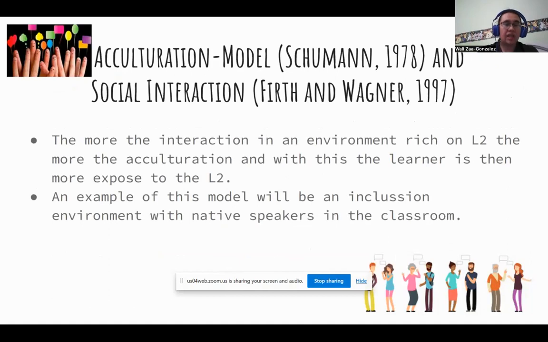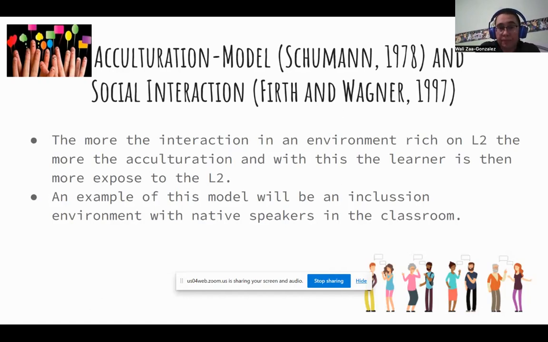Schumann said that the social distance between the student and the community of the language being learned is what influences acculturation, or I would say the assimilation of the student into the new language.